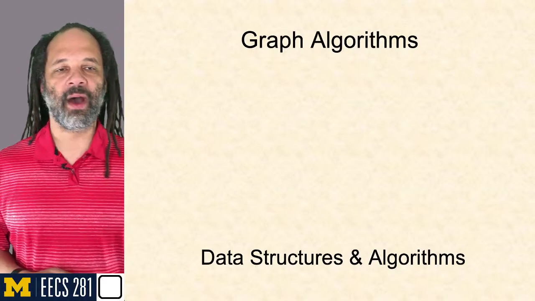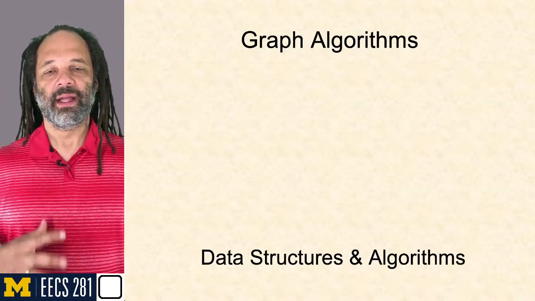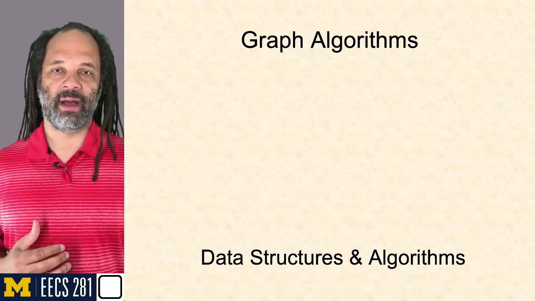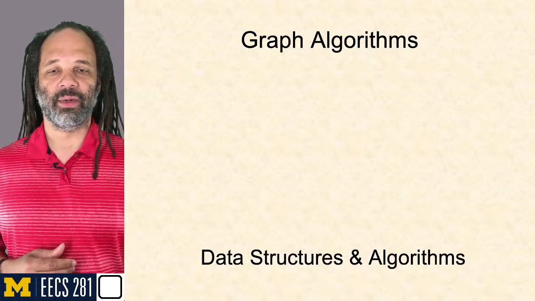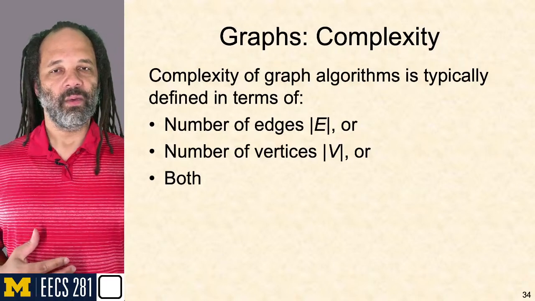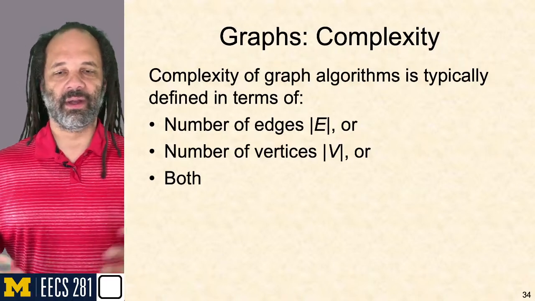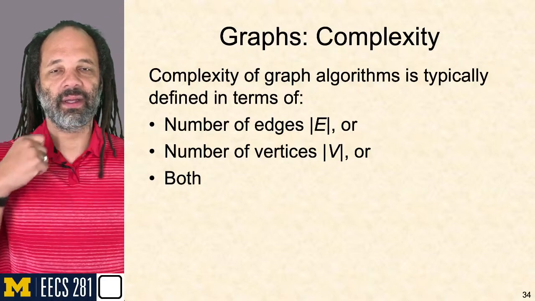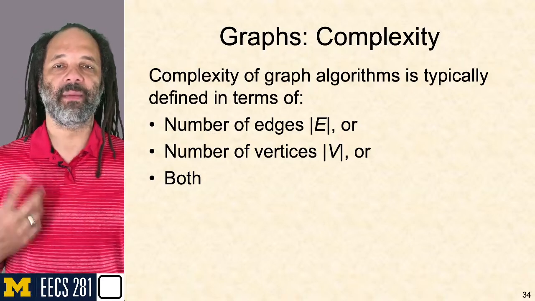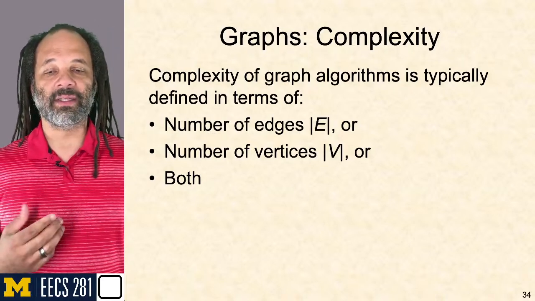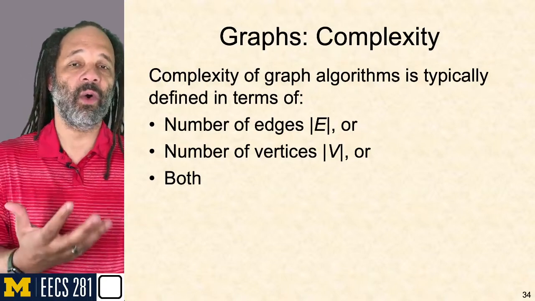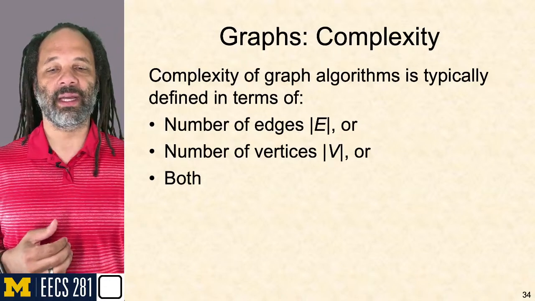All right, we're going to move on into some talk about algorithms here. Some of our simple algorithms, and we'll be talking more in the future about more graph algorithms. It's going to get us an introduction to it. Of course, we're going to be talking about complexity. We've got to deal with edges or vertices. The number of edges, which we'll simply call E, or the magnitude of E. The number of vertices, magnitude of V. Or in some cases, as we saw that processing all of the nodes in an adjacency list was going to cost me a combination of these two.